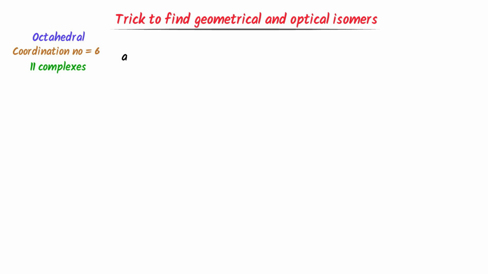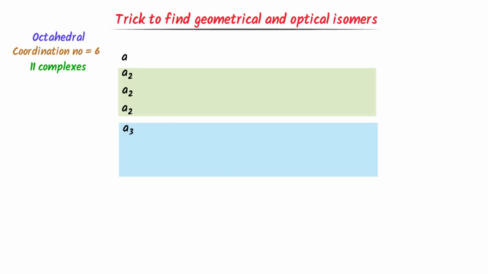I write A, then 3 times A2, A2, A2, A2. I write 3 times A3, A3, A3, A3. I write 2 times A4, A4, A4. Finally, I write A5 and A6. These are the 11 complexes of octahedral geometry.